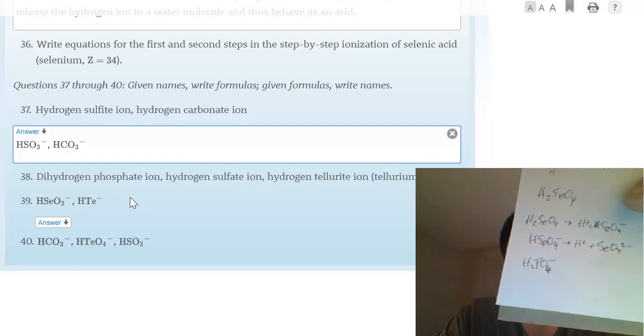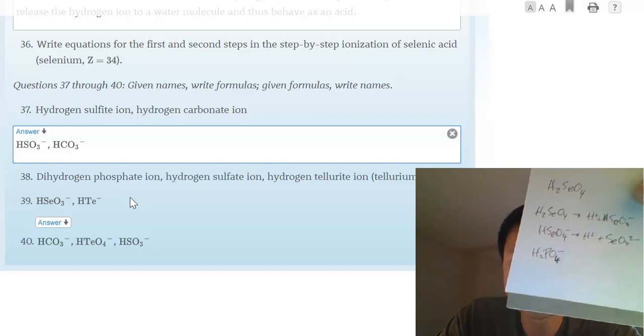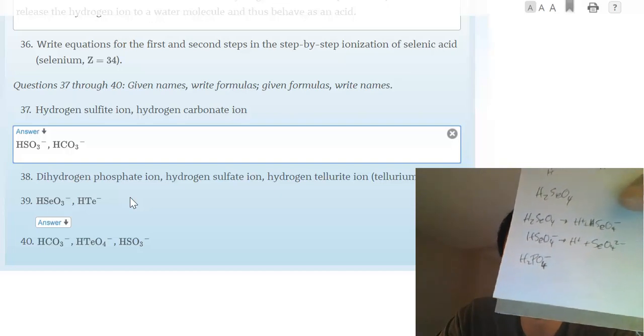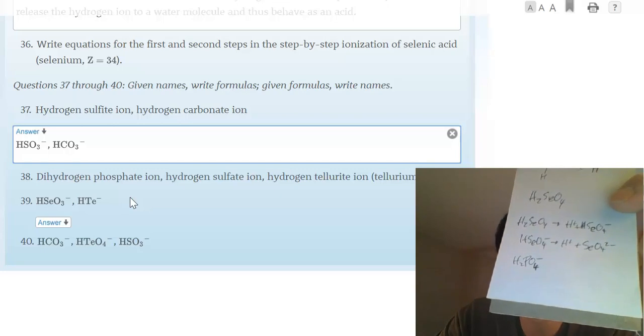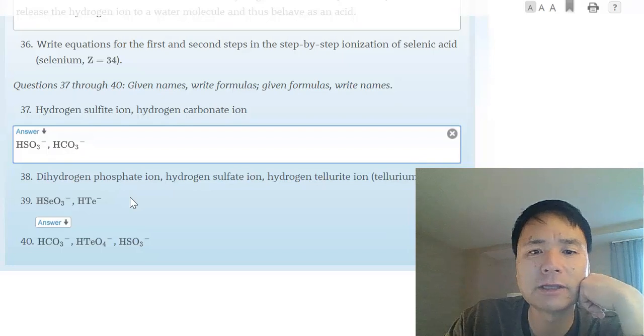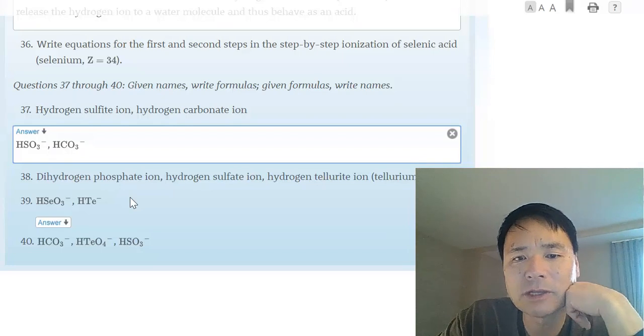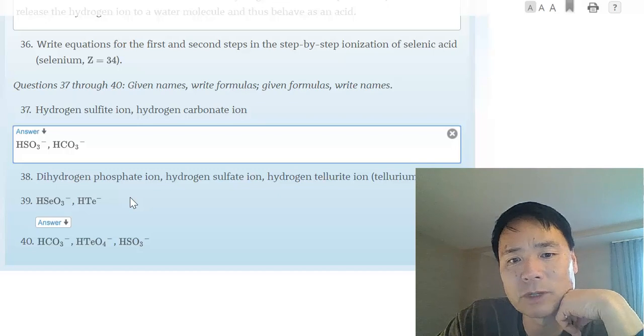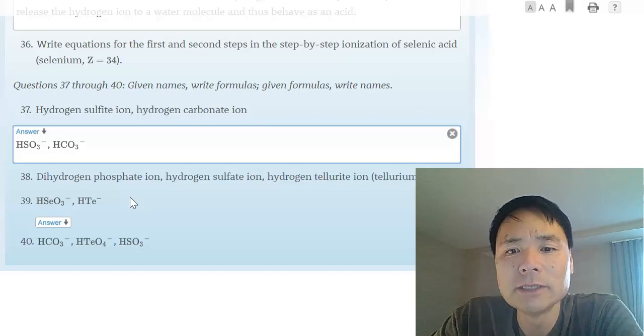There's no such thing as trihydrogen phosphate ion because trihydrogen would neutralize that and that would form phosphoric acid. Okay, hydrogen sulfate is just take a sulfate, SO4 2 minus, add an H plus, we get HSO4, and we change the charge to -1. HSO4 -1.